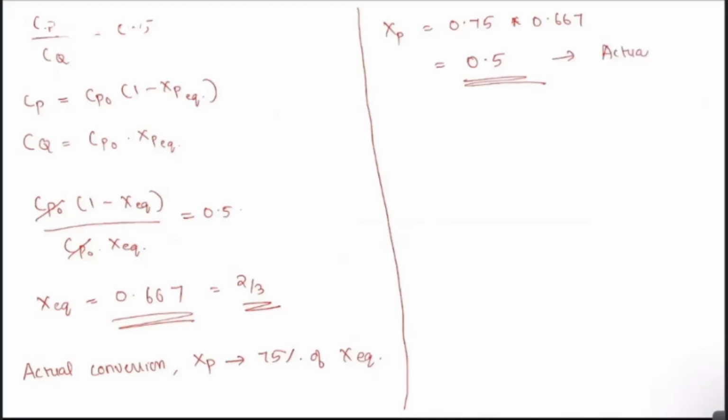So 0.5, or 50%, is the actual conversion of P that occurs in this reaction. Now let us use this conversion and the data given to us, and let us write down the design equation for the CSTR. Using the design equation for the CSTR, we can find the space time tau.